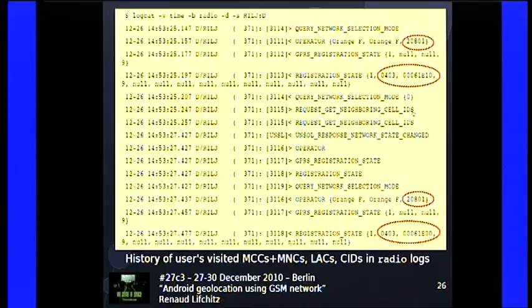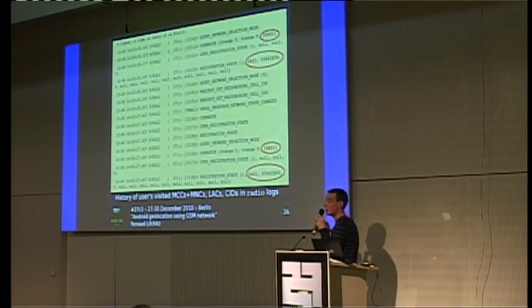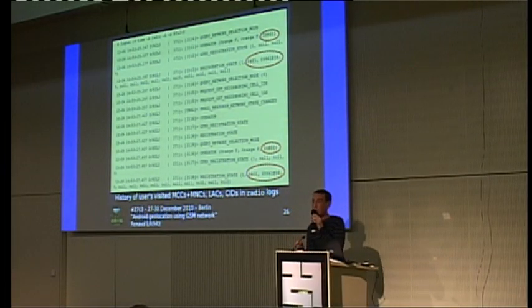So here you see you have two different cells because the cell ID is different. There is a small difference in the cell ID, you see. And you have the corresponding time in the logs. So that means you have a complete history of your trip during the day in your Android phone, right?